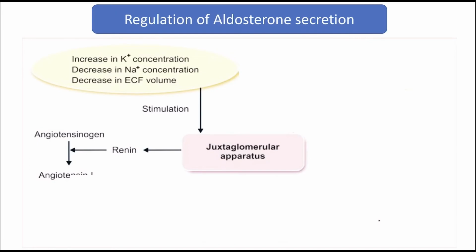This angiotensin 1, while passing through the pulmonary circulation, will be acted upon by the angiotensin converting enzyme, and it will now produce angiotensin 2.